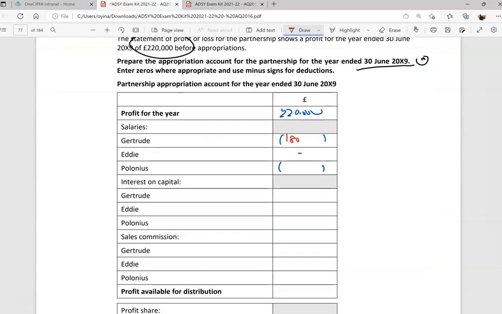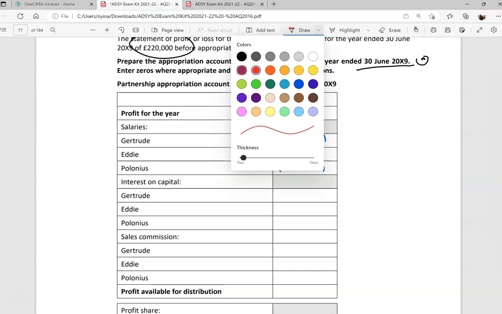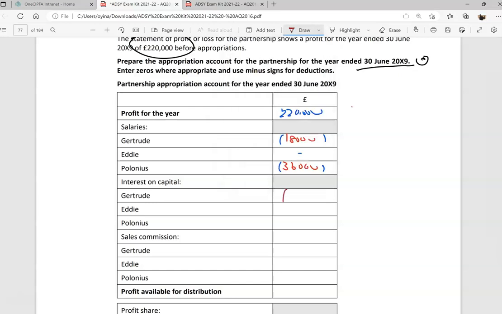Then we have the interest on capital, which is the 2,000. We're taking away the 2,000, right? Very good.